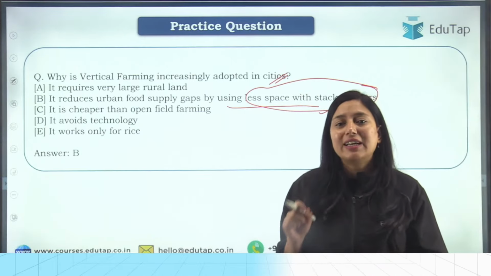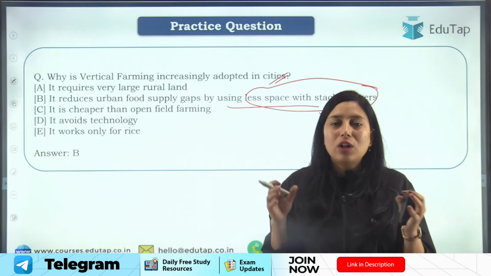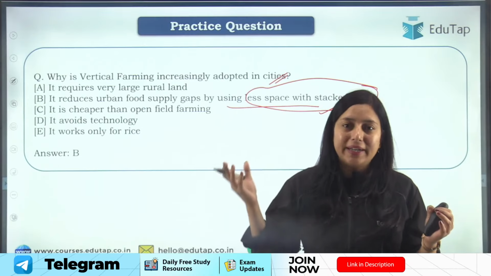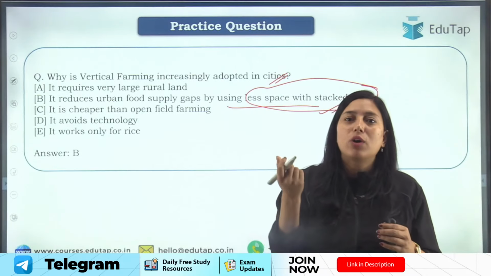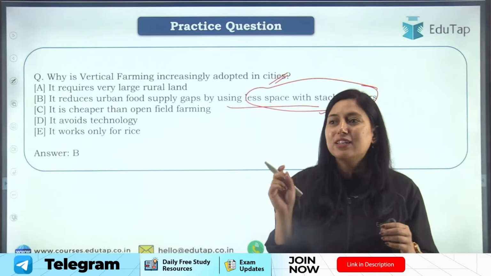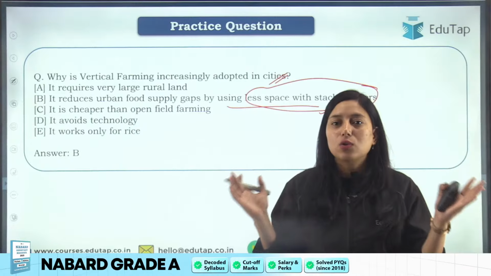Because in vertical farming, basically there is a closed room, okay, and all the conditions are maintained. If any particular crop requires high temperature, you can modify the temperature of the room. Okay, it is not done in an open area, it is done in a closed room.